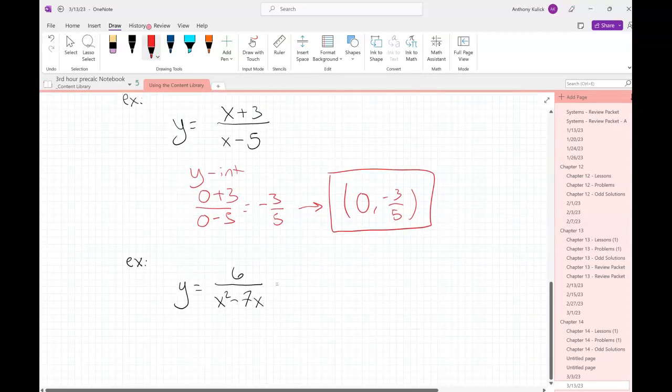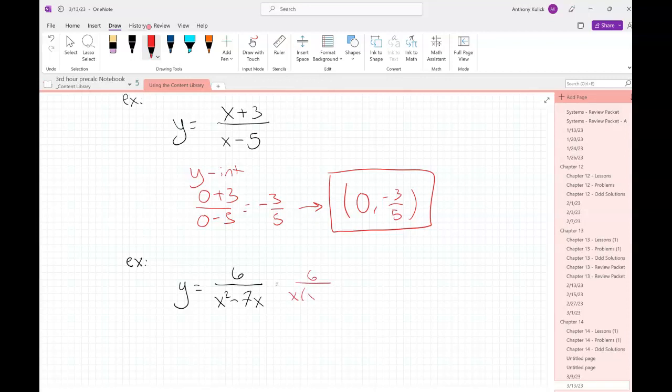That was actually undefined. So you could start by factoring it. We can just take an x out, right? Nothing to reduce, though. So when we plug 0 in, what does that mean?